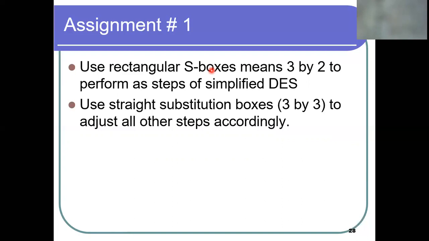Can it be possible to use a 3 by 2 substitution box to perform the whole simplified DES encryption mechanism, or the other question is to use a straight substitution box that maps 3 bits onto 3 bits and adjust all other steps accordingly.